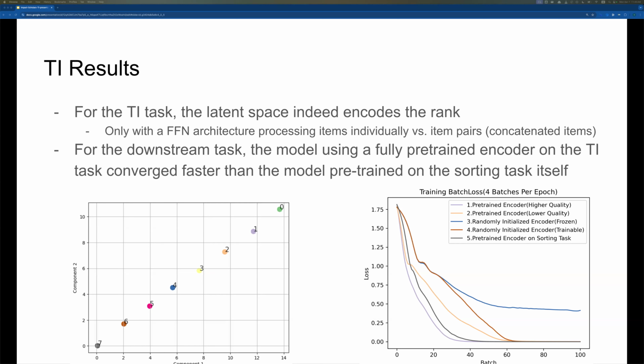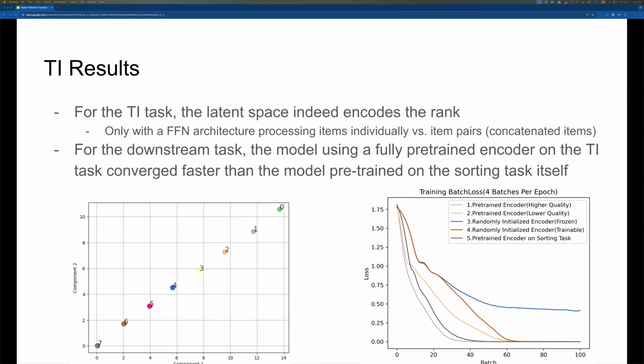Instead of having the input be a pair of items, we had the encoder process each item individually. If we had it the other way around, where the network was processing the entire pair at once, then we weren't able to find this latent encoding nicely in the space, but it was still able to solve the problem.